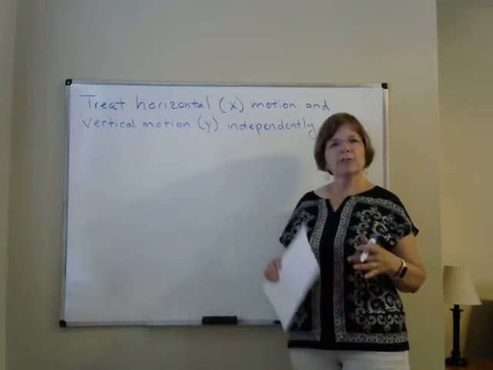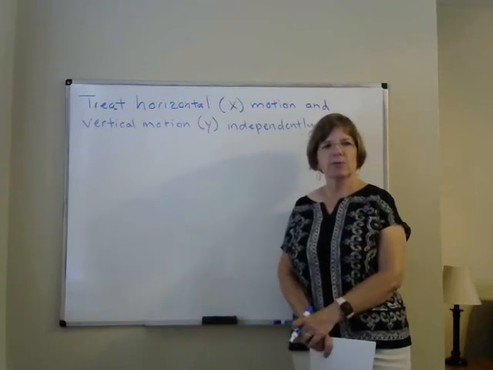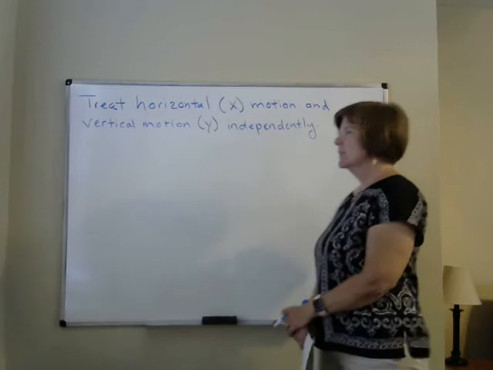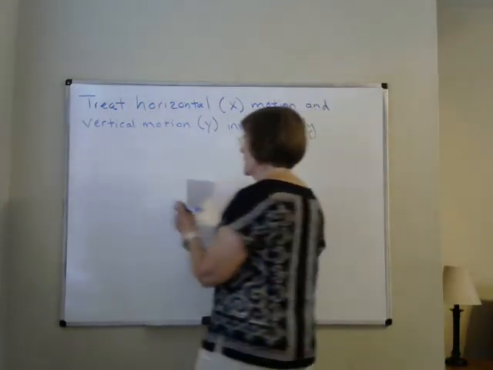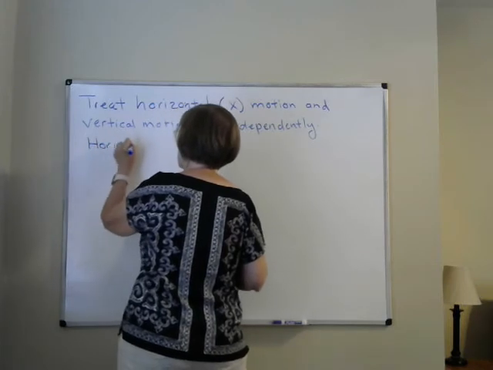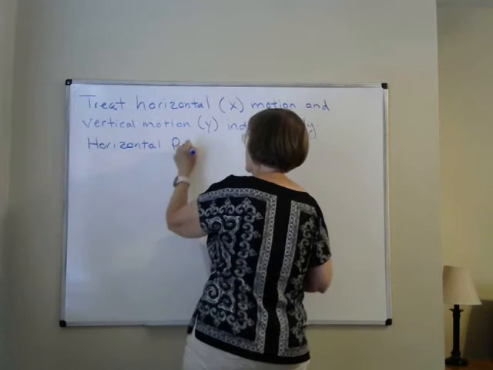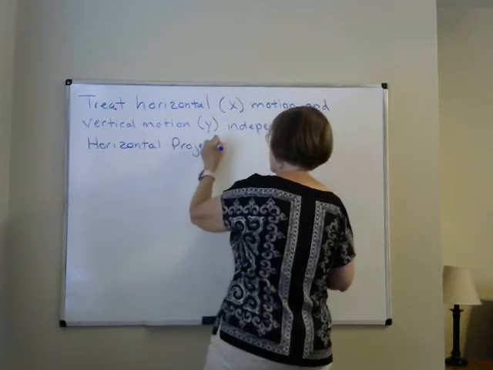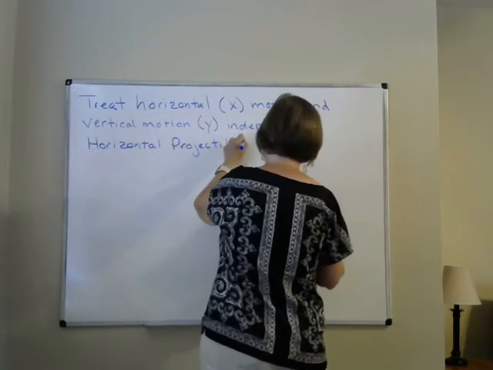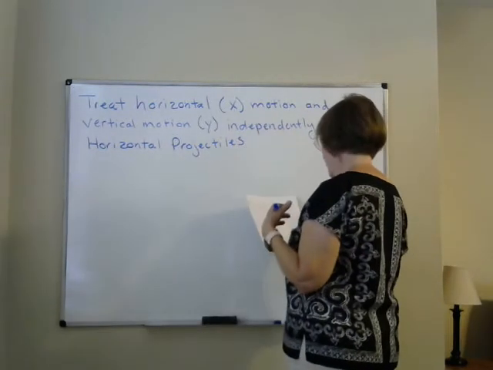There's basically two types of problems. The easier problems are when something is launched horizontally. If we launch a vector horizontally, it looks like this. Horizontal, and by that I mean that I'm launching it with a horizontal velocity.